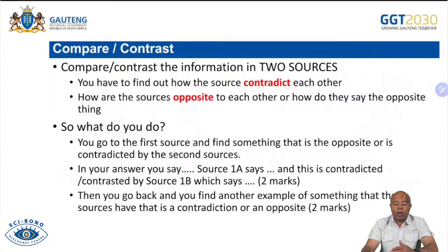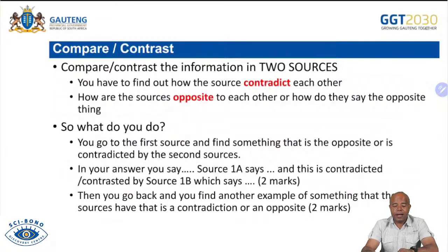You go to the first source and find something that is opposite or is in contradiction towards the second source. In your answer, you should say the following: Source 1A says there are dogs, and this is contradicted by source 1B, which says there are horses. So now we can clearly see that the contradiction is dogs and horses, basically.